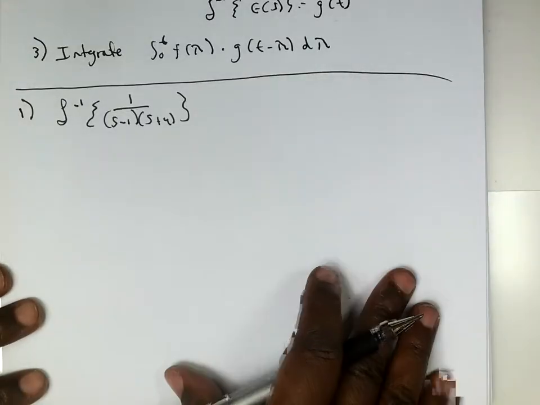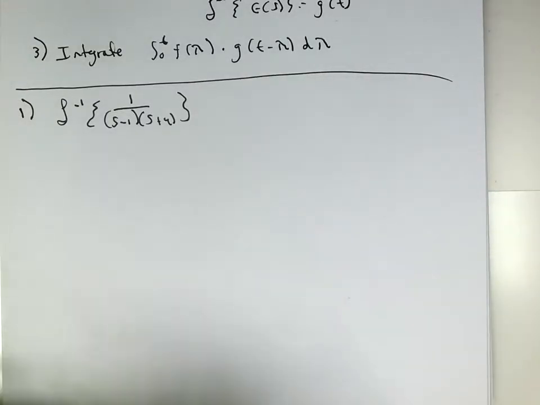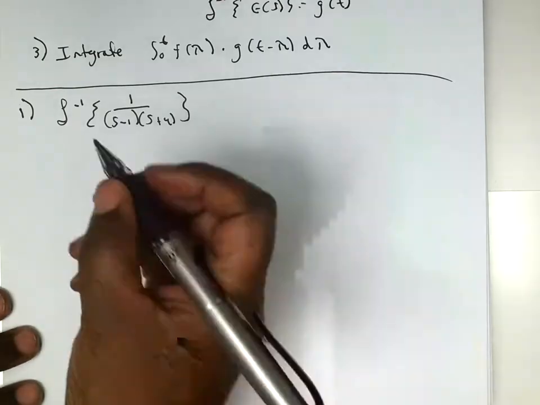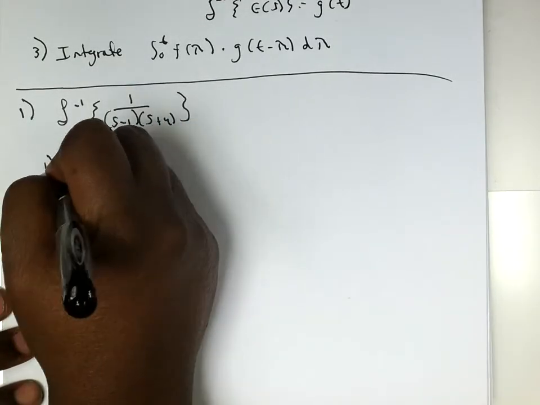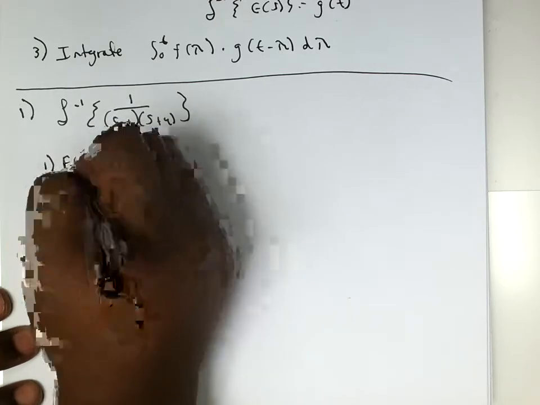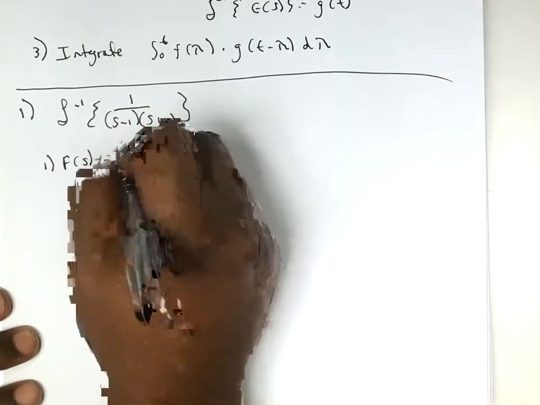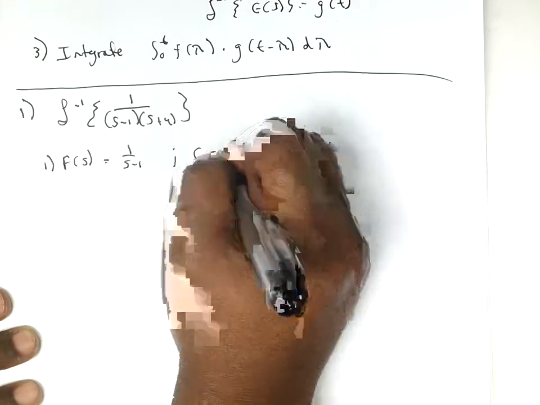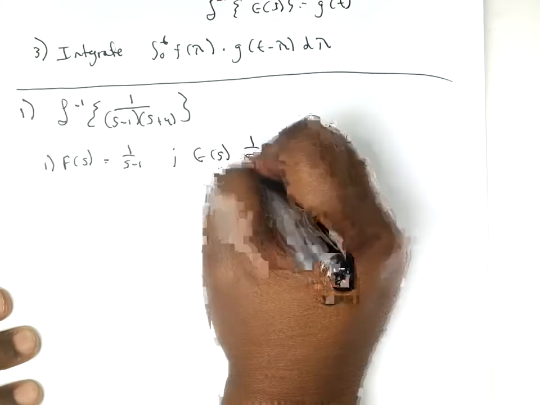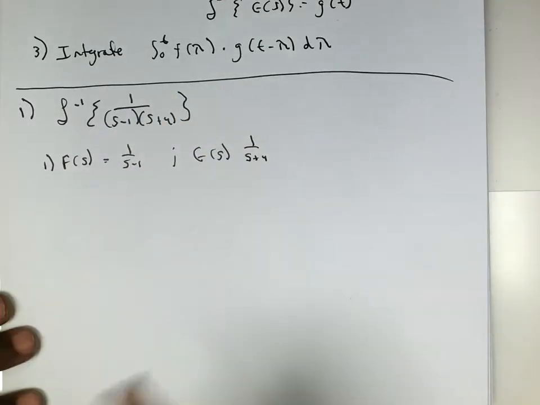So for my first example, we have 1 over (s minus 1) times (s plus 4). So the first thing is, what is F(s)? Well, that would be the 1 over (s minus 1), that first function. And then G(s) would be 1 over (s plus 4), the second function on the bottom. So we're just pulling them apart.